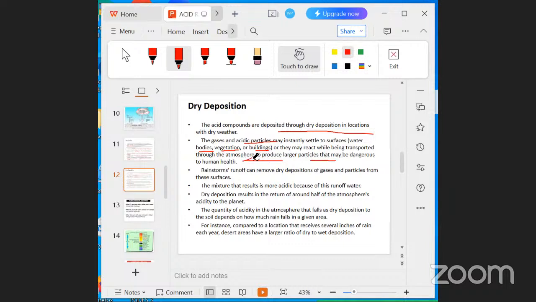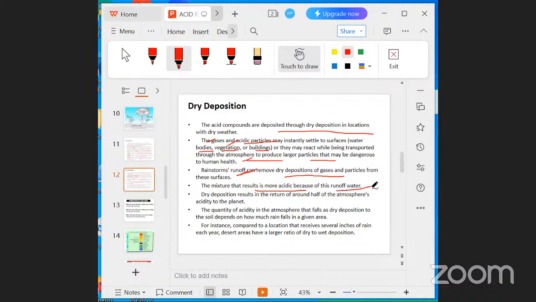The rainstorm runoff can remove dry depositions of gases and particles from these surfaces. Which surfaces? Water bodies, vegetation and buildings. So the mixture that results is more acidic because of this runoff water.